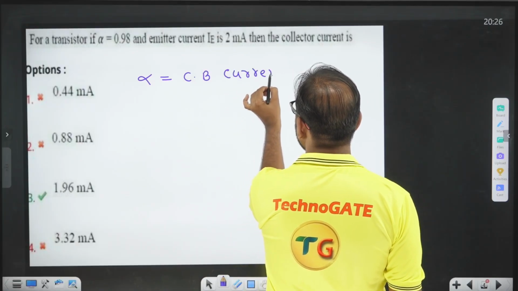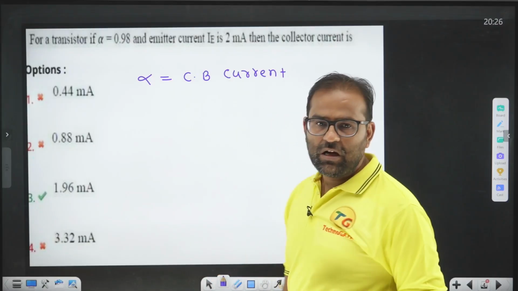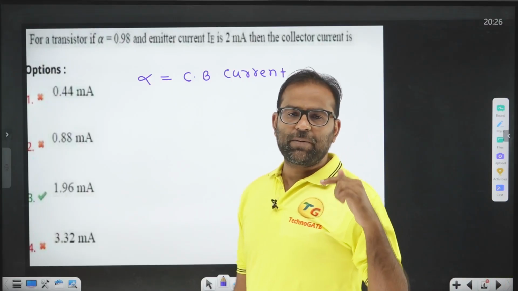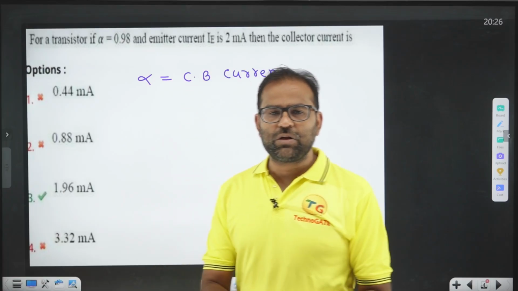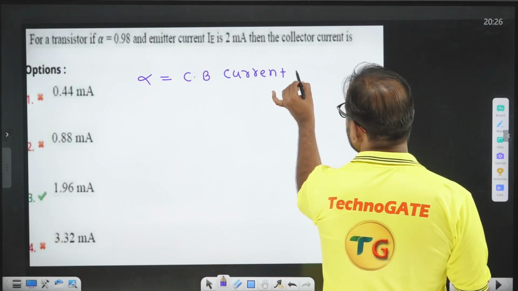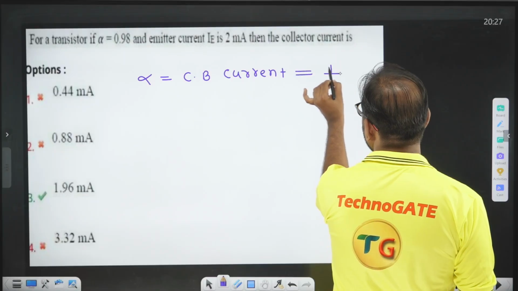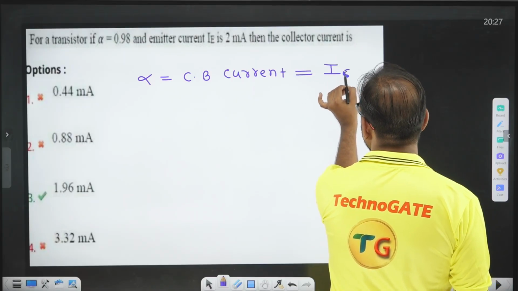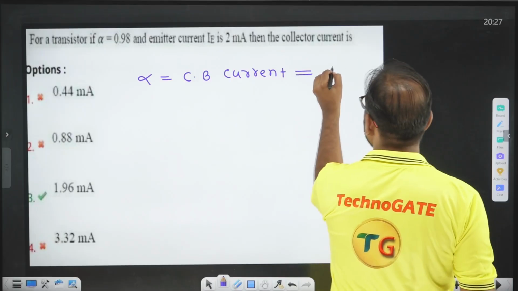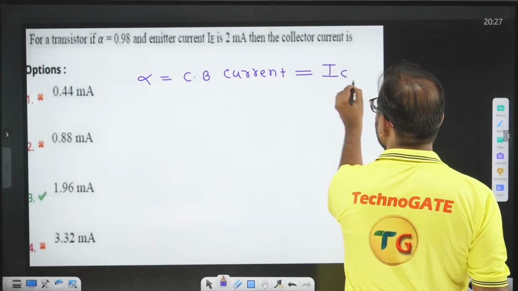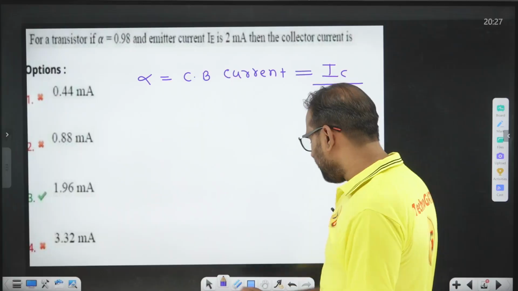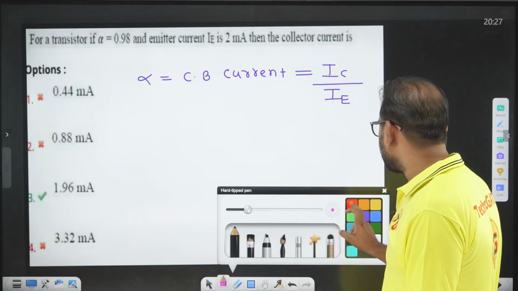For a bipolar junction transistor, when you make the base terminal common between input and output, meaning you apply input at the emitter terminal and take output from the collector terminal, that arrangement is known as common base, and alpha is given by IC divided by IE. We know this from common base theory.